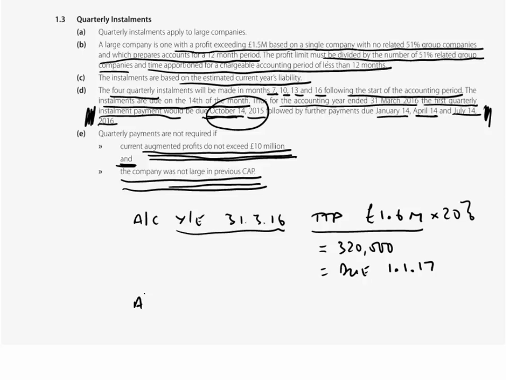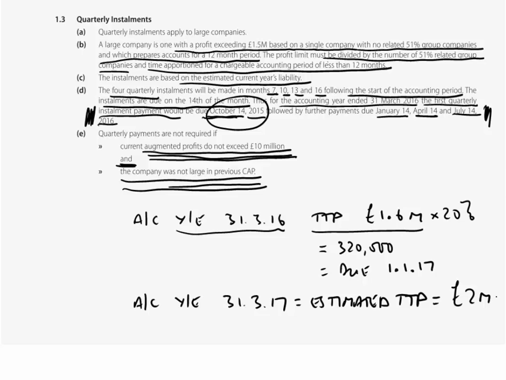If we are then estimating large for what is now the current period, the year ended 31st of March 17, let's assume now that we're estimating an estimated TTP equal to 2 million. So, will quarterly instalment payments now be required for this period? Answer, yes, they will.